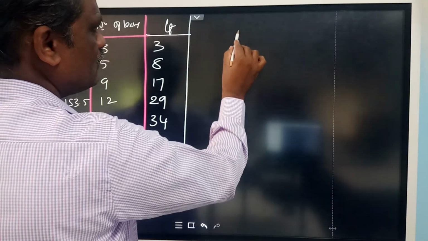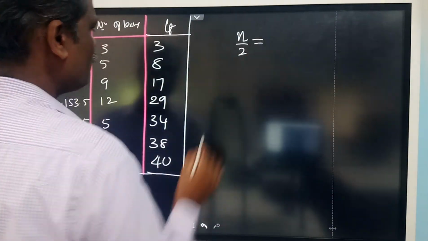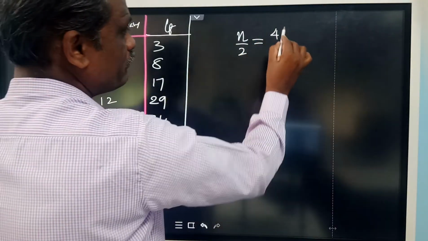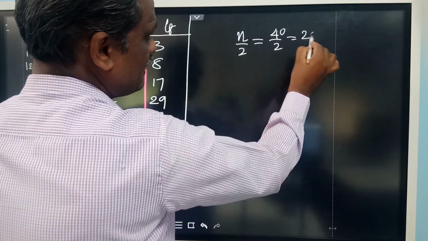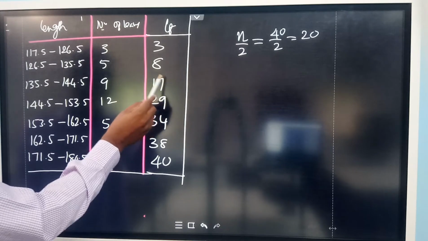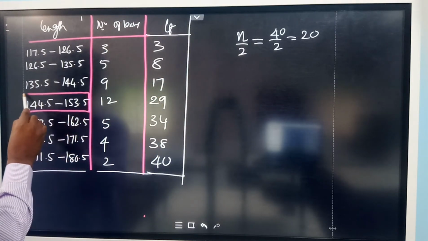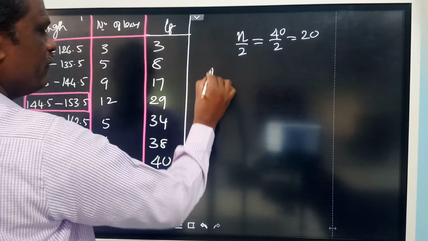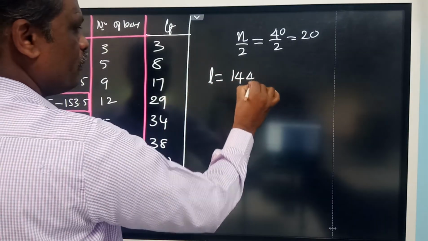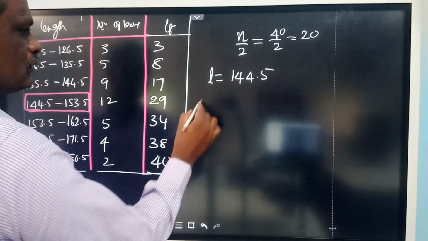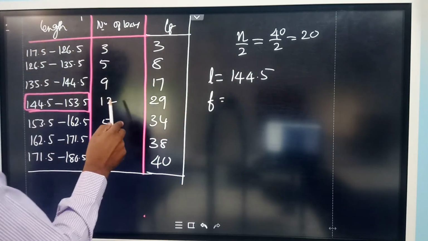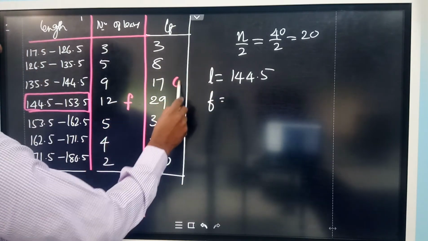Since the formula needs n by 2 for the median, 40 divided by 2, it is 20. The 20th observation you will find here, 29th in this column. So this is the median class. Therefore the lower limit here is 144.5. The corresponding frequency here, this is F and this is CF.